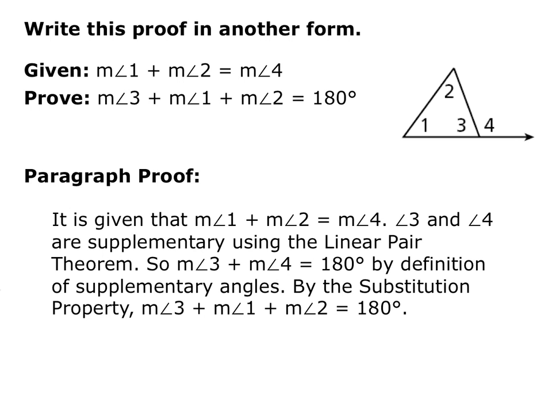Read the second sentence. What's the statement? What's the reason? Okay, angle 3 and angle 4 are supplementary. Abbreviate. Reason? Linear pair theorem. Okay.